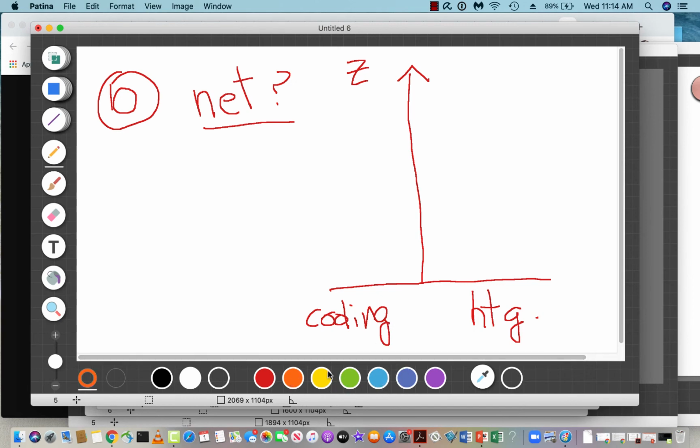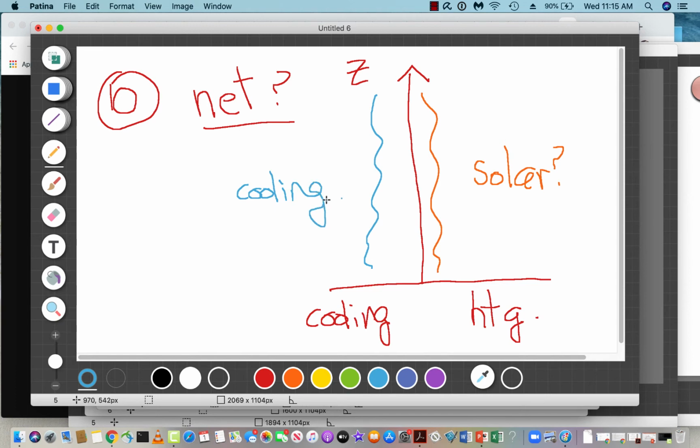So I'm fairly confident in saying that solar is going to be heating, but we'd like to know what it looks like exactly. And then infrared is going to be cooling throughout the column most of the time. And then there's going to be a net represented in purple. And if that was 0, then we'd have no heating going on in the atmosphere, and that clearly isn't the case.